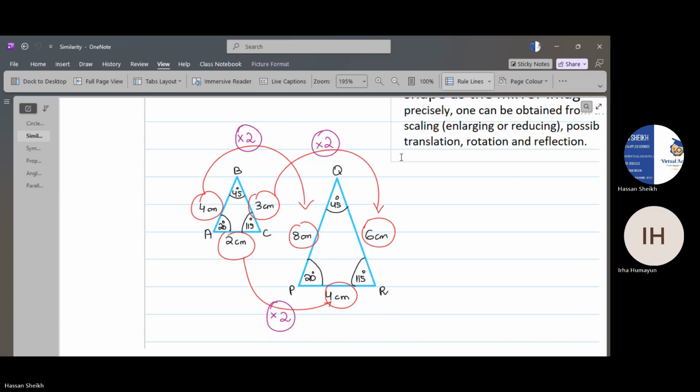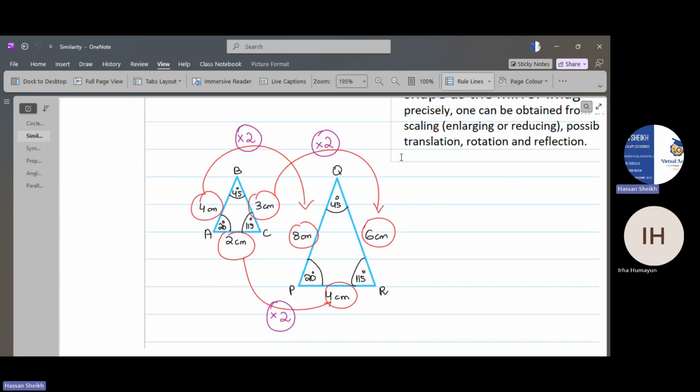Yes, sir. Do you agree that the corresponding sides of triangle ABC and PQR have a common ratio, which means that if I multiply the sides of triangle ABC by 2, I'll get the length of the sides of triangle PQR? Sorry, sir, I didn't understand.